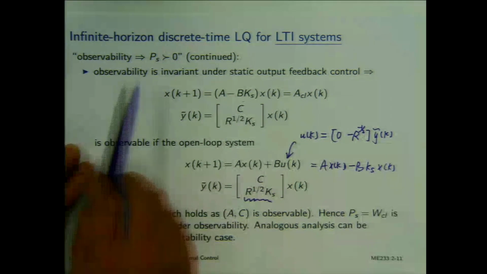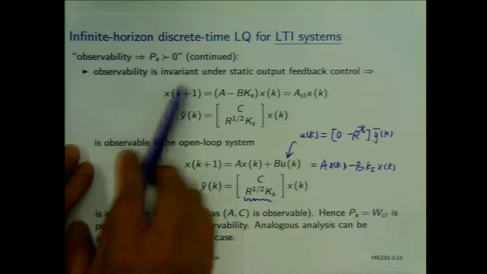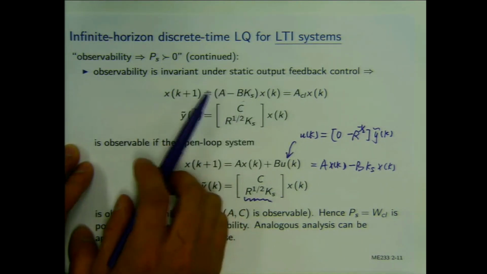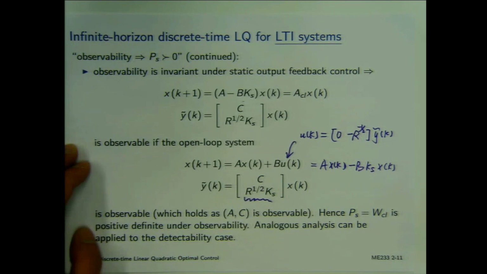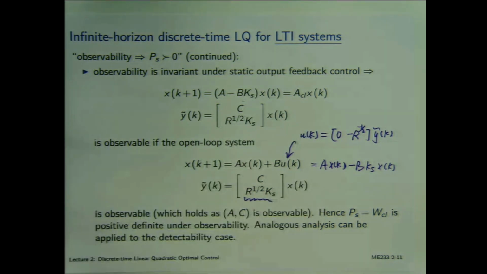If you recall, observability is invariant under static output feedback law. That's because, again this analogy, if I can see the states from the output, then no matter how I massage the output into the system, I will still be able to see the states. So that's this picture here.